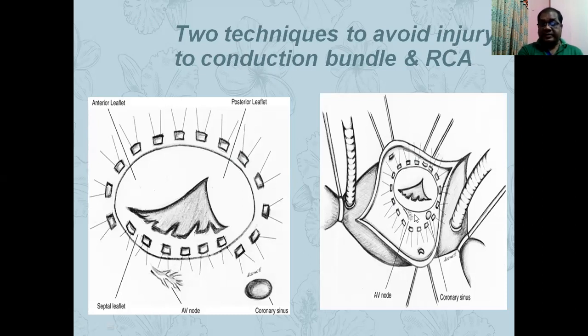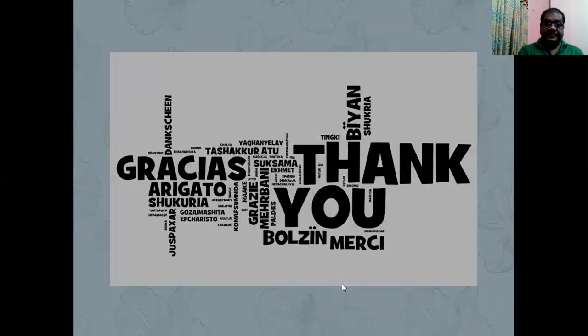It doesn't cause much problem because the coronary sinus blood is ultimately going to the right ventricle. So in these two ways, we can protect the conduction bundle. And we will have to be very careful about putting stitches on this aspect, because here the right coronary artery goes, and the stitches should not be very deep, so that they do not injure the right coronary artery.